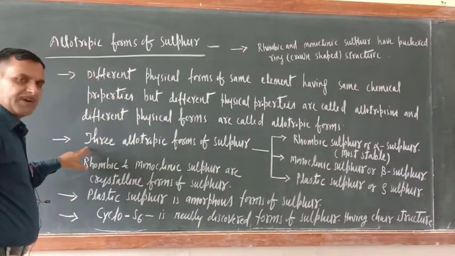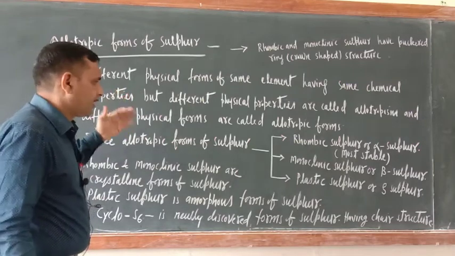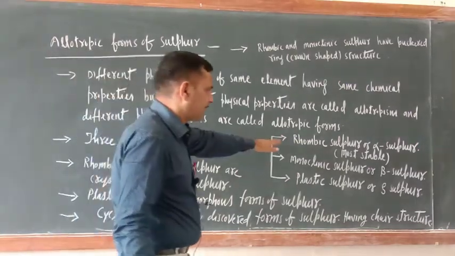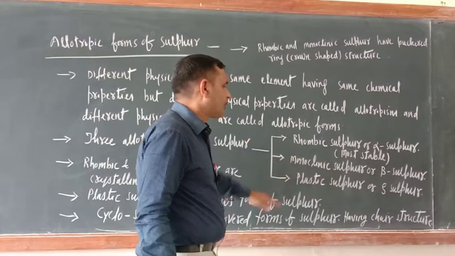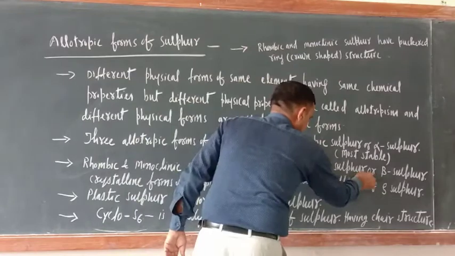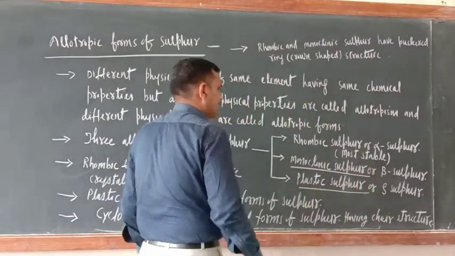As far as sulfur is concerned, sulfur has three allotropic forms. The first one is rhombic sulfur, also known as alpha sulfur. The second one is monoclinic sulfur or beta sulfur. The third one is plastic sulfur or delta sulfur.